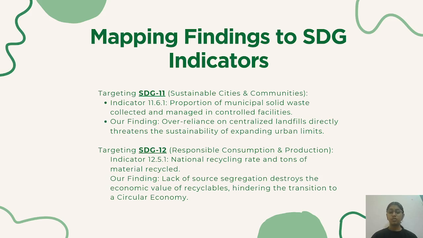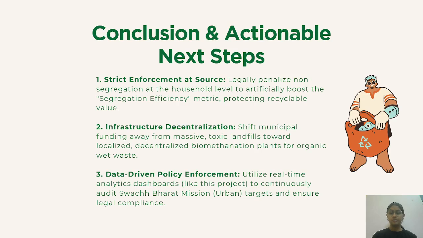And SDG 12 is covered as these recycling rates help make the environment better, and the recycled materials can be used for consumption by people, and the segregation helps to get more recycled products. So this is how it is.